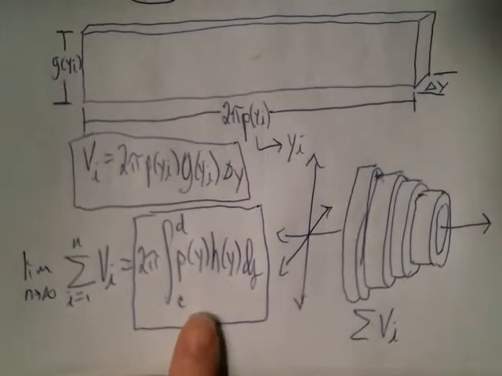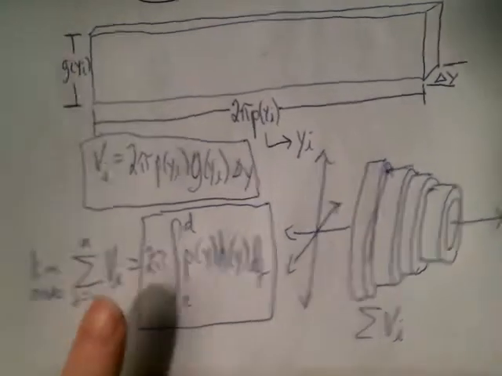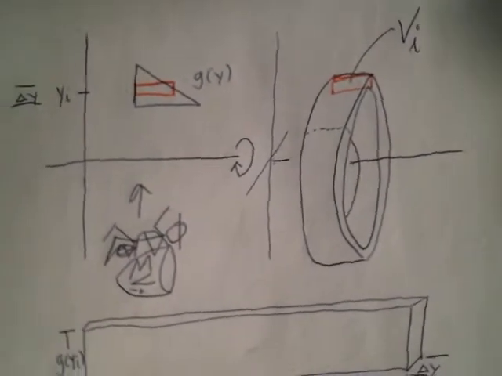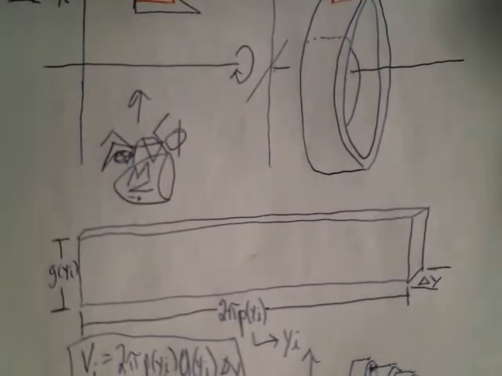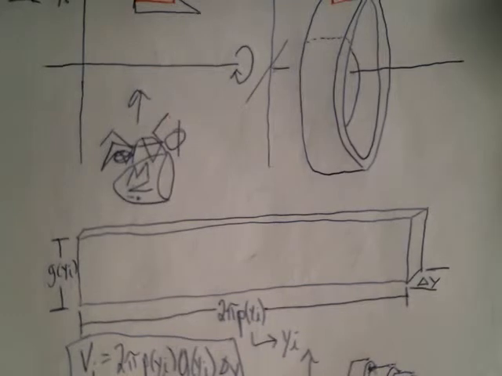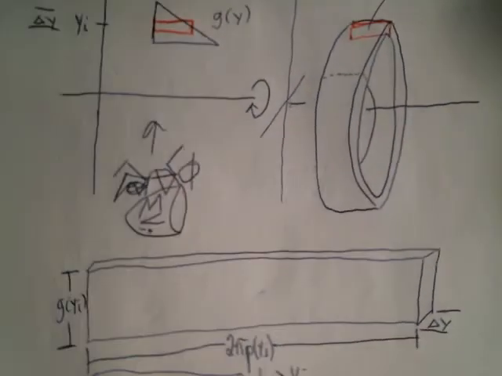And now we have this character here, which is our shell integral. And you'll find that the shell integral is good for objects that have holes in them. Okay, so anyways, let's get in there and start actually doing these things.